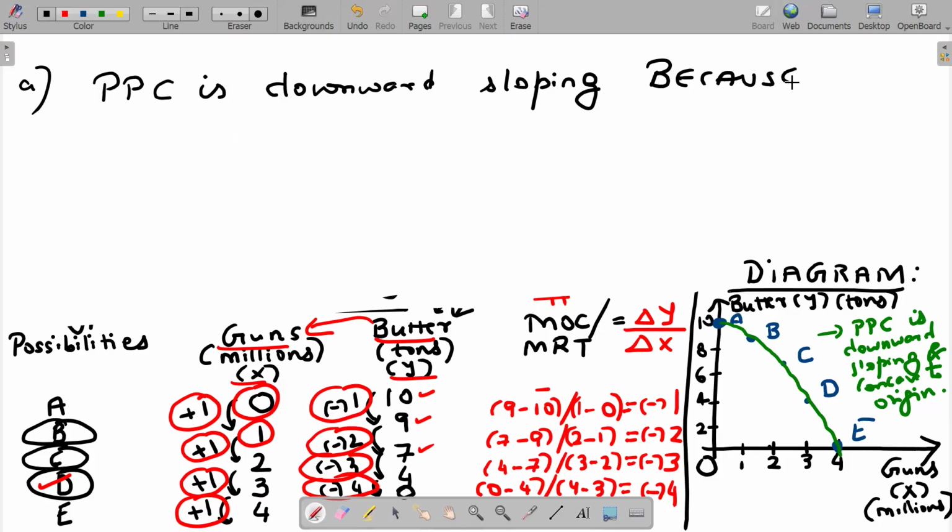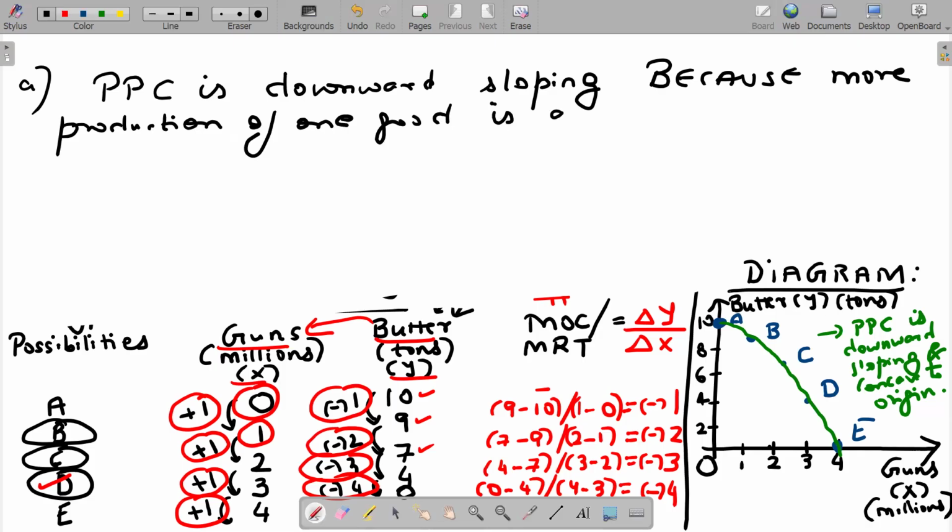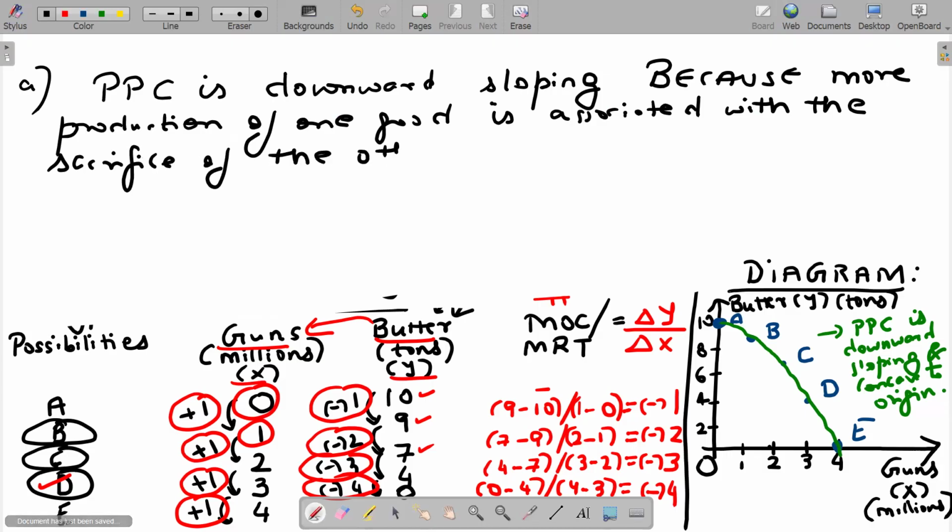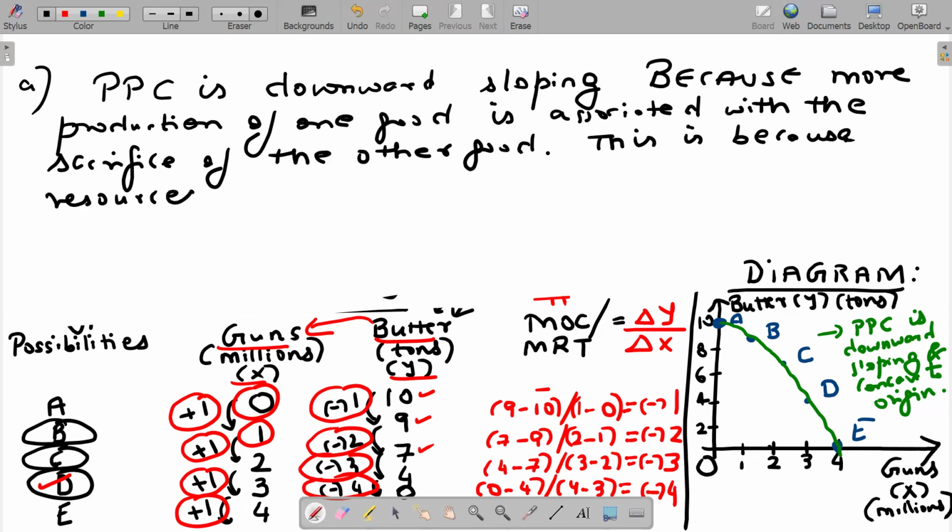Because more production of one good is associated with the sacrifice of the other good. Why? This is because resources are scarce and have alternative uses.